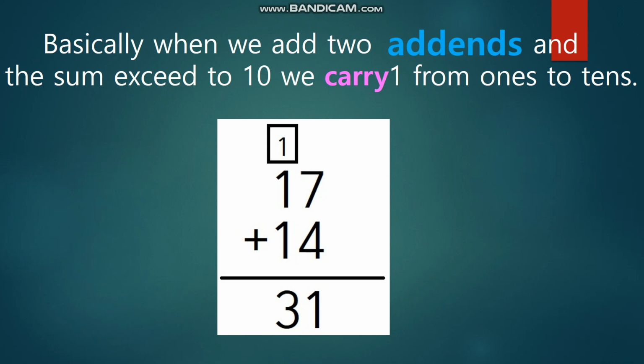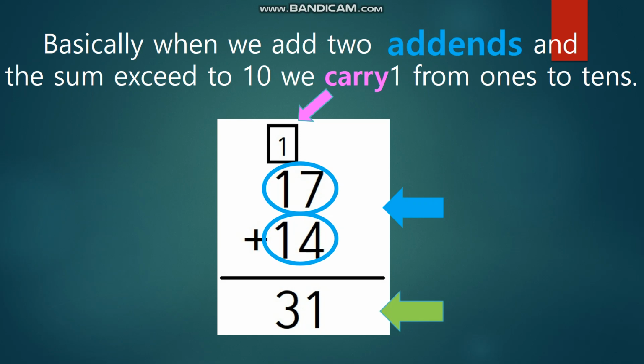Basically, when we add 2 addends and the sum exceeds 10, we carry 1 from ones to tens. Let's have an example. Those are addends, and it's called carry, and this is called the sum. 17 plus 14 equals 31.